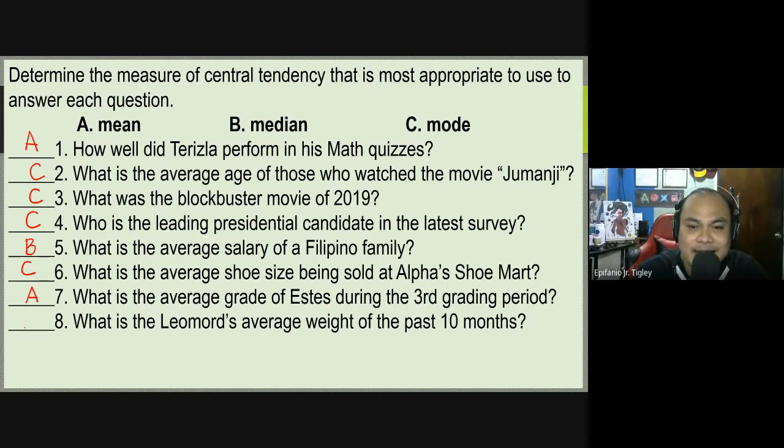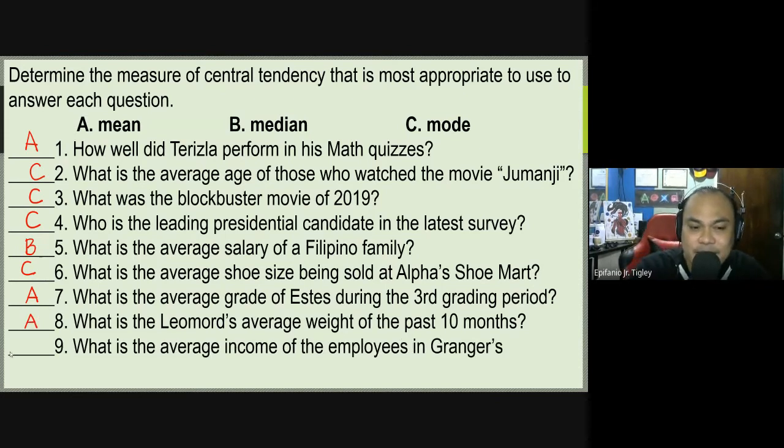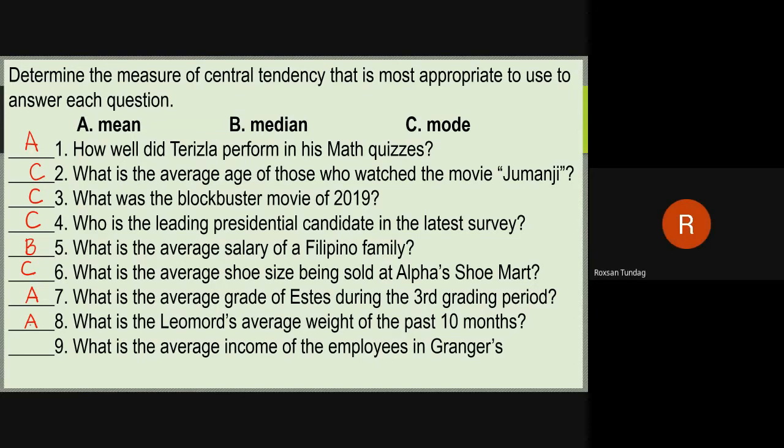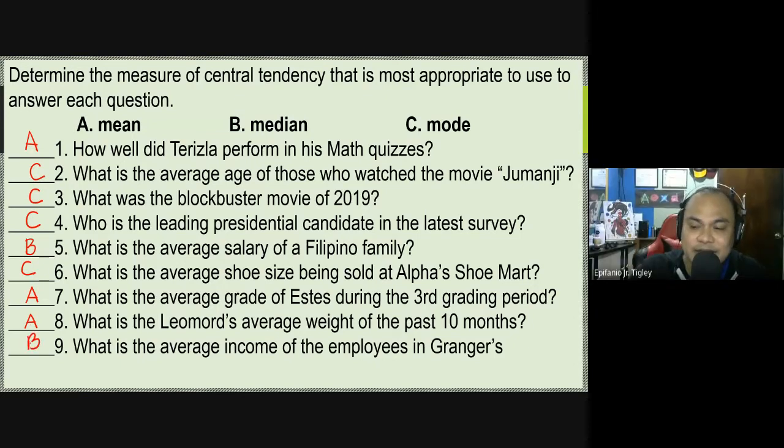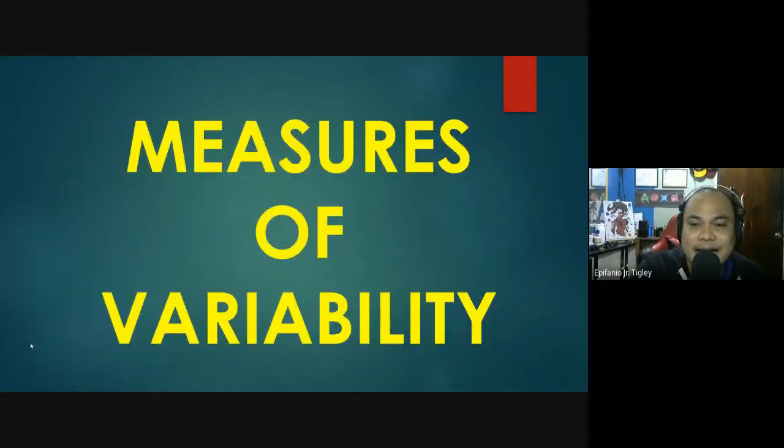I will be adding the 10 weights I have for the past 10 months divided by 10. And lastly, number 9, the average income. Income is the same as salary. Median. Okay? So, in this activity, you already know how to identify which is the most appropriate measure of central tendency to use.